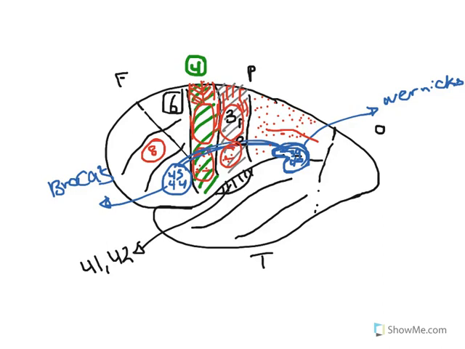And also around this area in the superior temporal gyrus, here, this area is called the auditory association area. The auditory association area is responsible for understanding the meaning of the auditory stimuli, which is perceived by the primary auditory area.